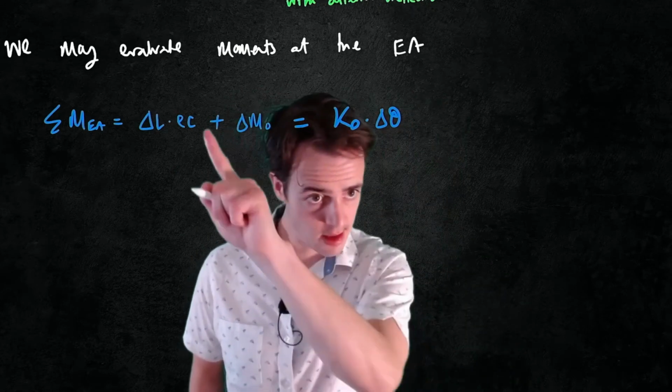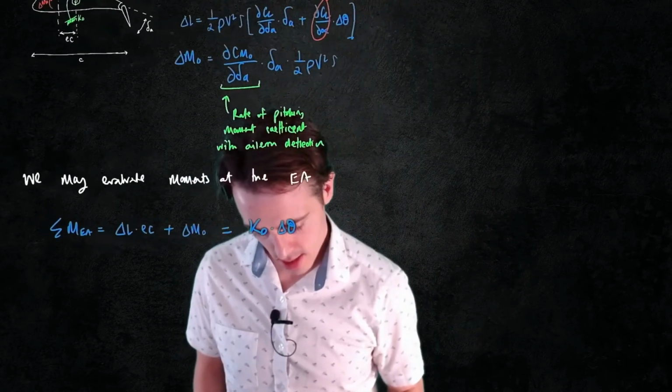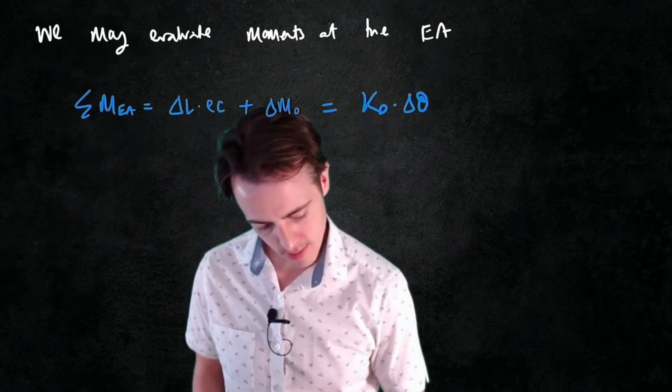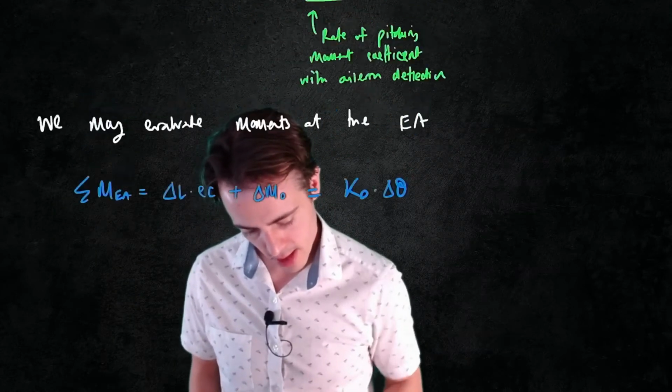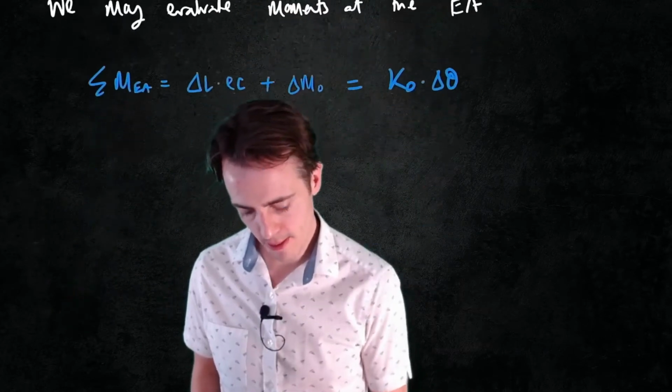So let's put these things into the left hand side, taking these down and populating them in here. So delta L, these have both got half rho v squared s.